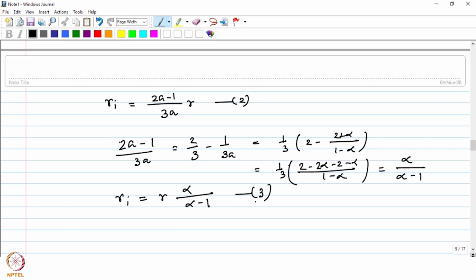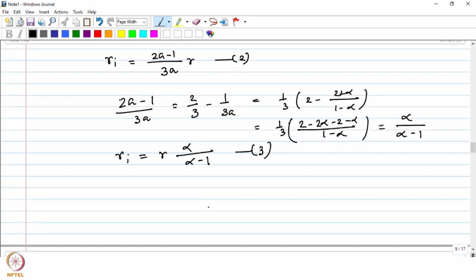So now again you can see the effect of alpha on the curvature of the interface and whether it will be developing a bump or a trough. That can also be seen from this equation 3.